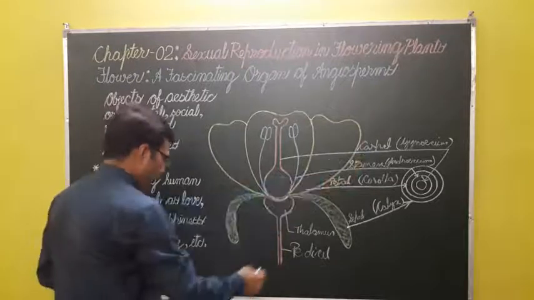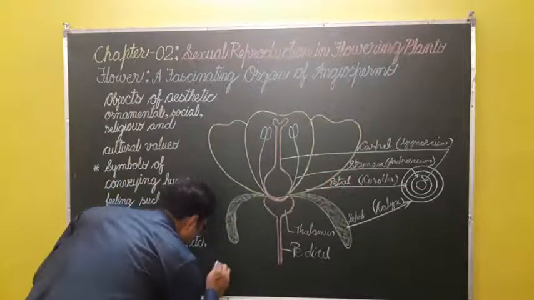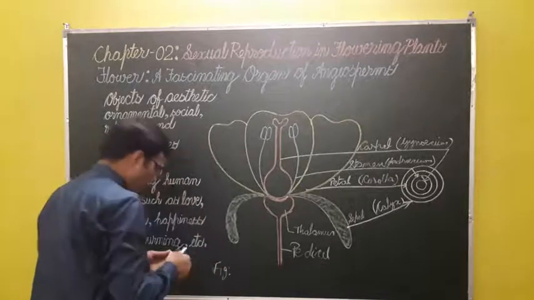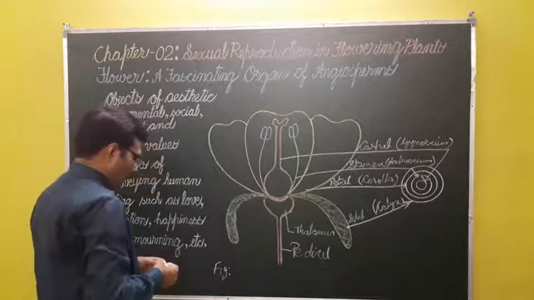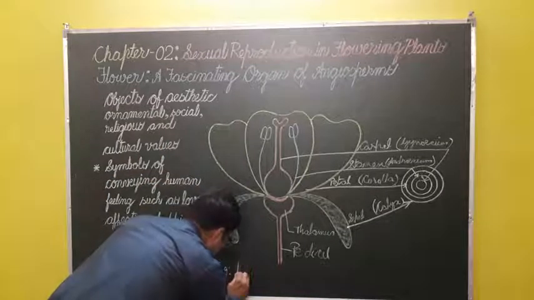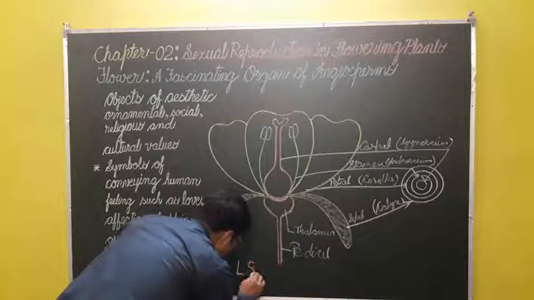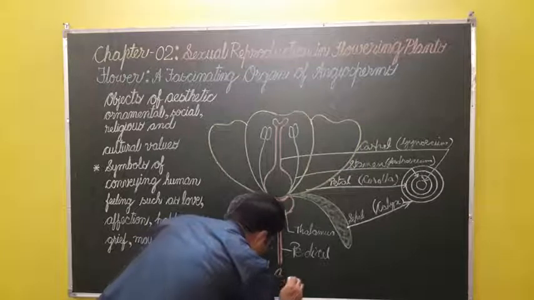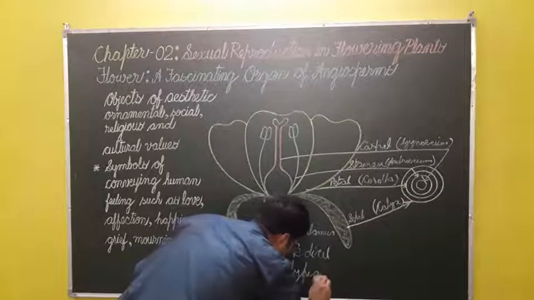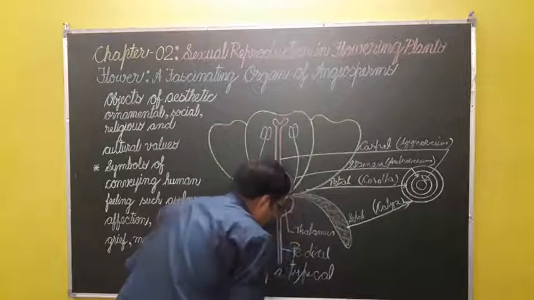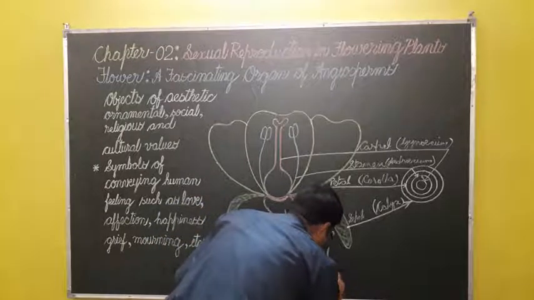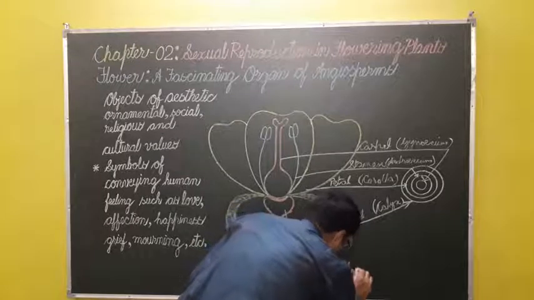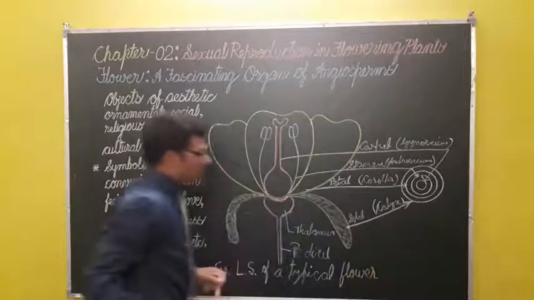So this is the figure. The name of the figure is LS, means longitudinal section, of a typical flower. LS of a typical flower.